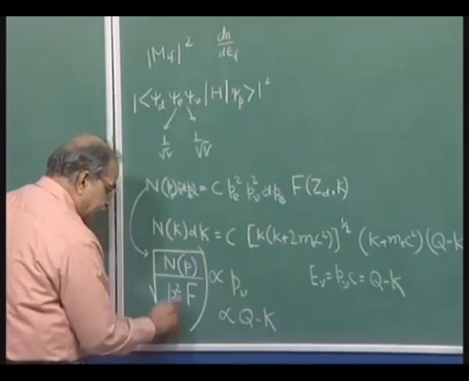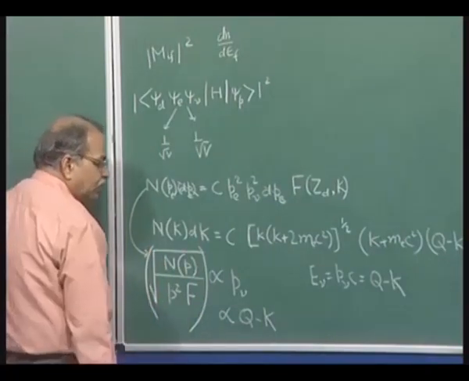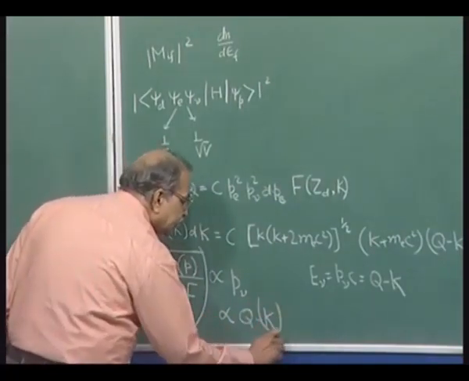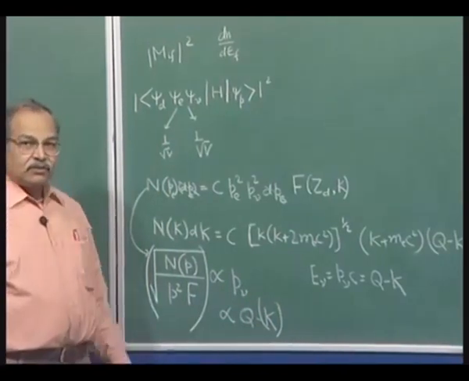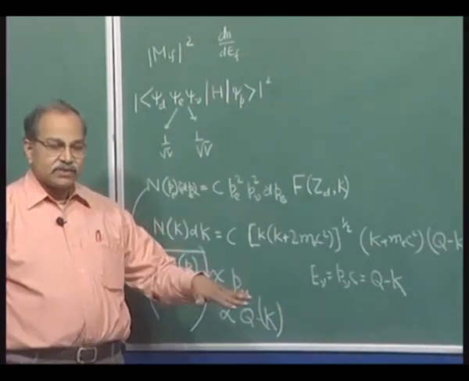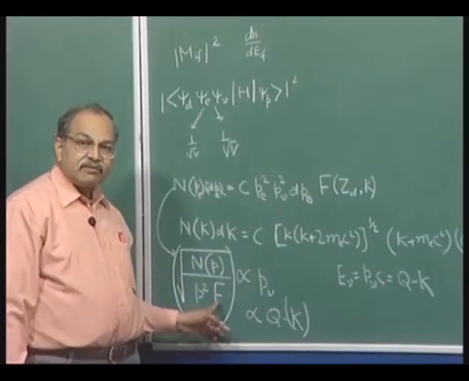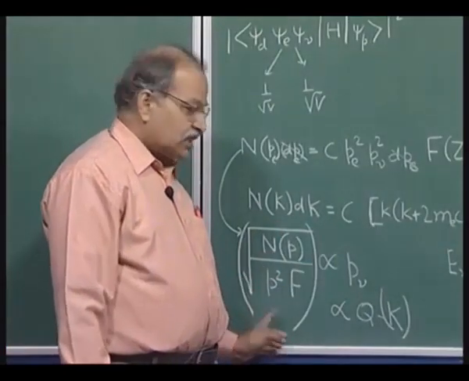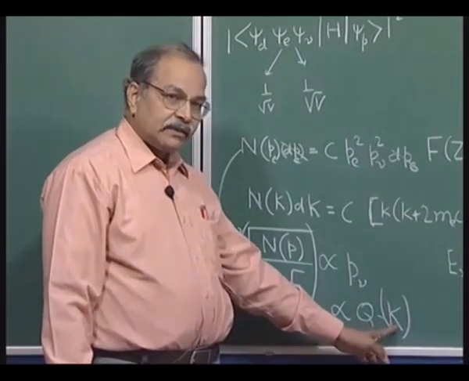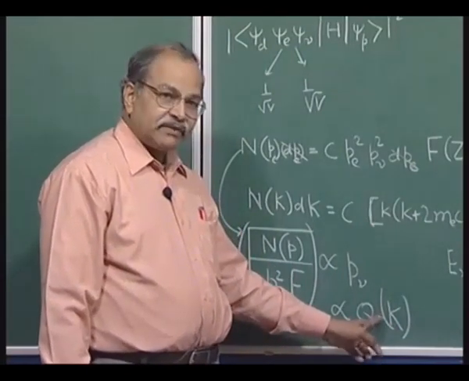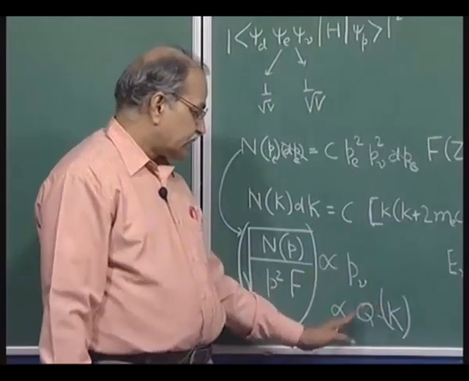So, if this quantity is plotted against k, with kinetic energy on the horizontal axis and the square root of N_p by p squared F on the y axis, this plot will be a straight line with some kind of negative slope. So, that constant term is there.